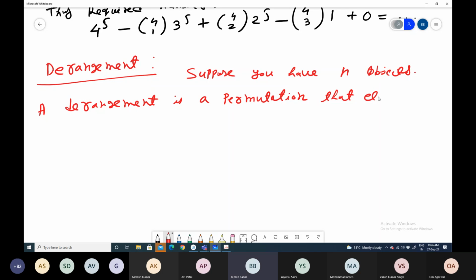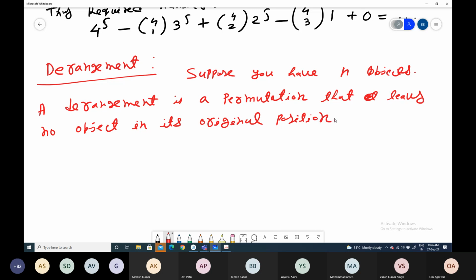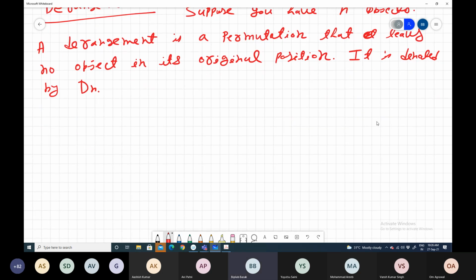It leaves no object in its original position. And it is denoted by Dn. In short, you can say that.